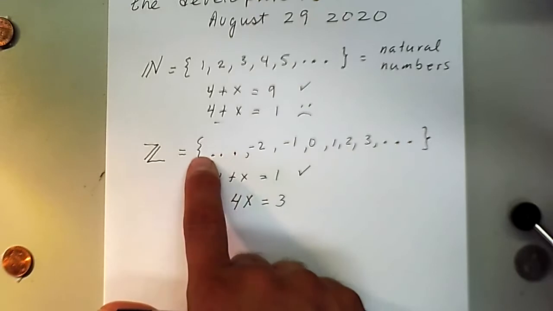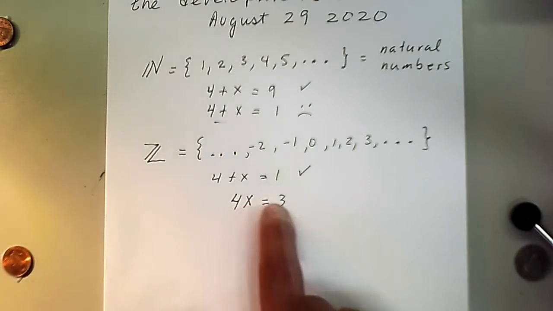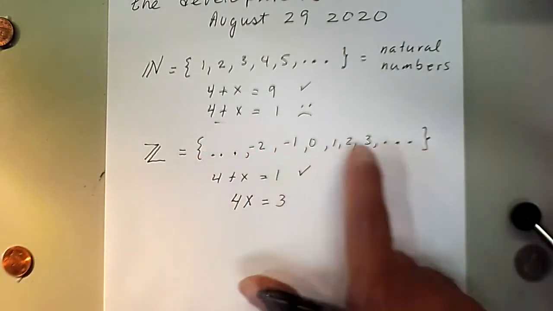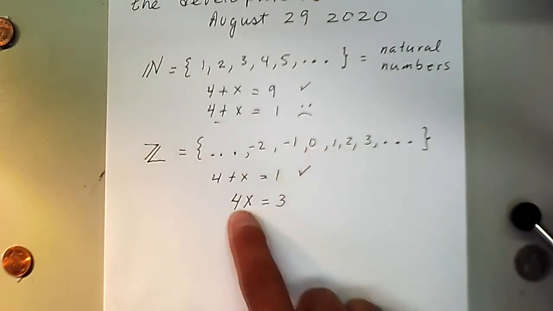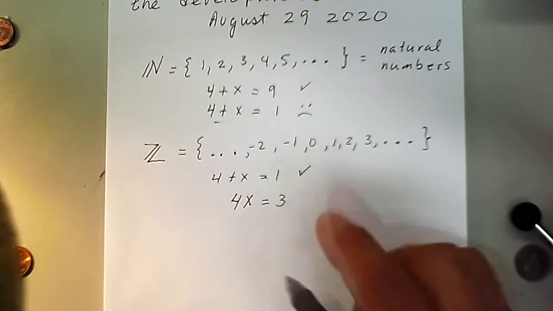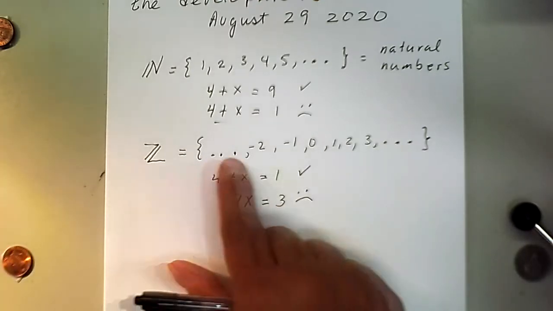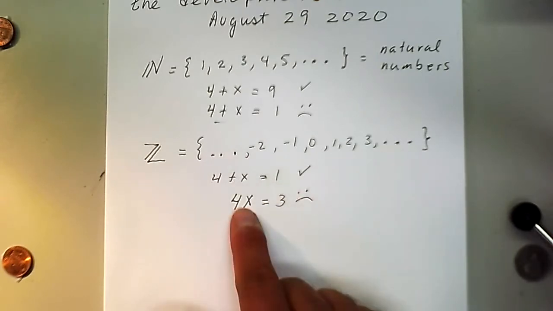If we multiply with a negative number, 4 times a negative number is going to end up with a negative number, but this number is positive. So we cannot solve the equation with negative numbers, with positive numbers. If we plug in 0, 4 times 0 is 0. So we can't solve. So if we have this set, there are some equations that cannot be solved.